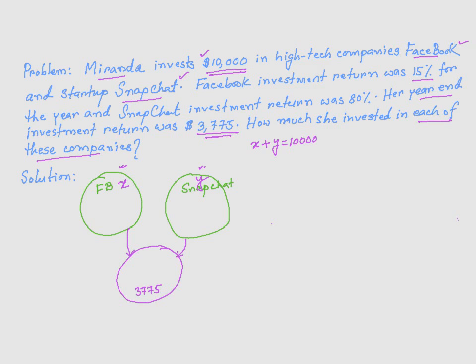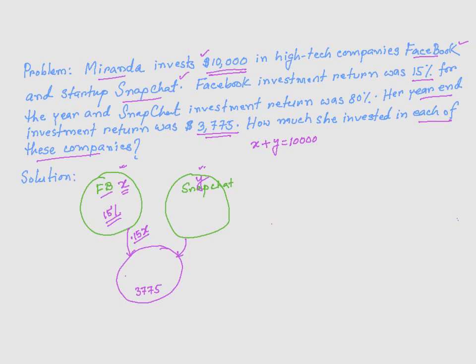Now, she gets some investment return from Facebook. How much does she get? Facebook gives 15% return on investment. That means whatever she invested, 15% of it was the return, or 0.15 times X. That means her profit was 0.15X from Facebook.